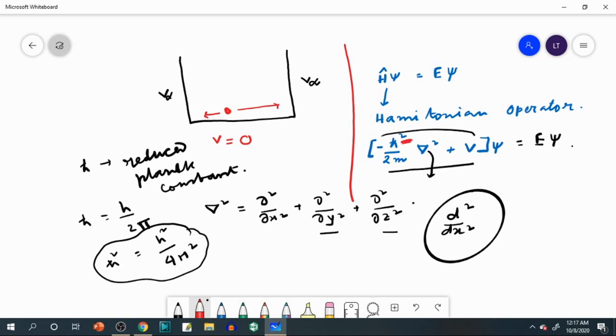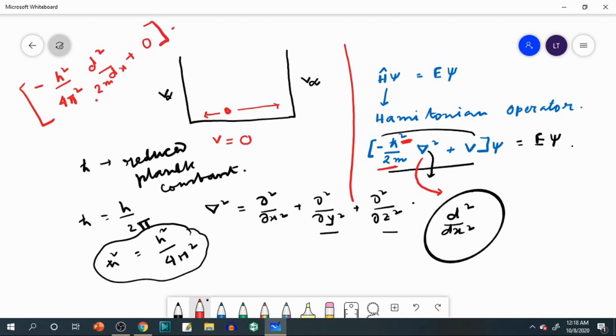If you put the value of h cross squared here, and put del squared as d2 by dx2, the whole equation will be reduced to what I have written here, that is minus h squared by 4 pi squared into 2m, d2 by dx2, plus V, which is equal to 0 because for our convenience we have considered that the potential energy inside the box is 0.